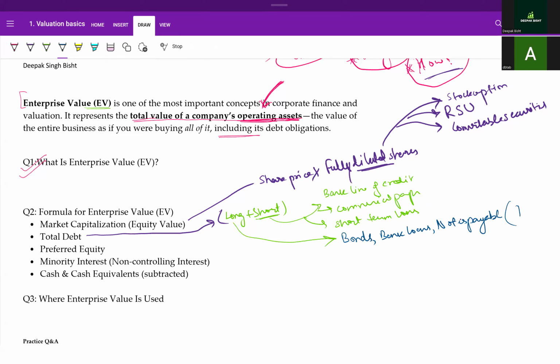So these securities have a life of more than 1 year, and these securities actually have a life of less than 1 year.